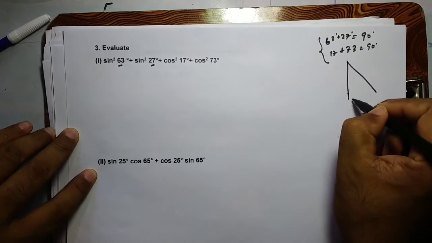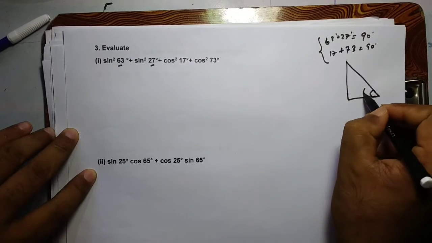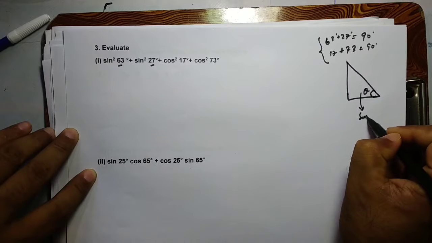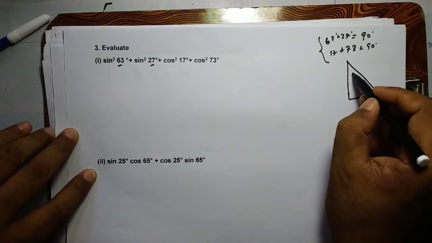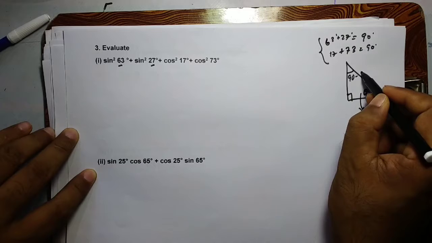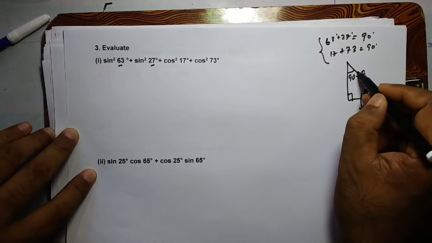Remember the trigonometry ratio, you can refer to my previous video. If an angle is theta here, then the other angle is 90 minus theta. So sine theta, and this is cos theta.